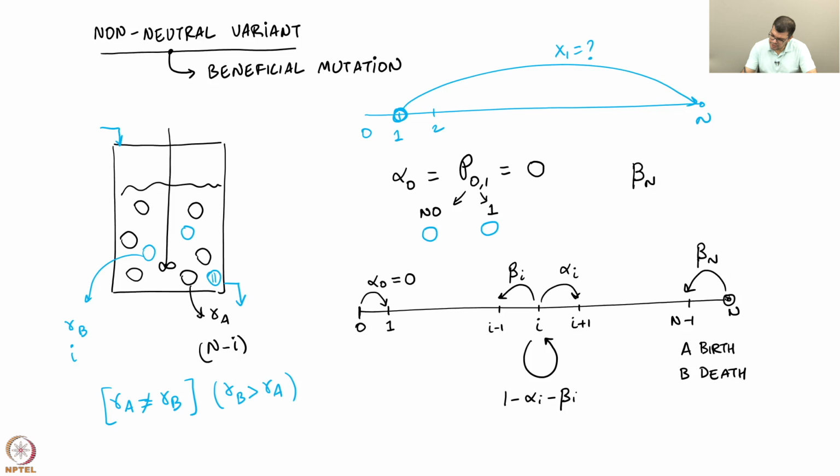At the current state of the system, there are n B type individuals here, so any one of them can die. But for this backward jump to take place, an A individual has to give birth. Since the state of the system is n, the number of A individuals at this stage is equal to 0, and if there is no A individual in the population to start with, you can't have an A individual giving birth. As a result this step cannot happen, and beta n is also equal to 0.